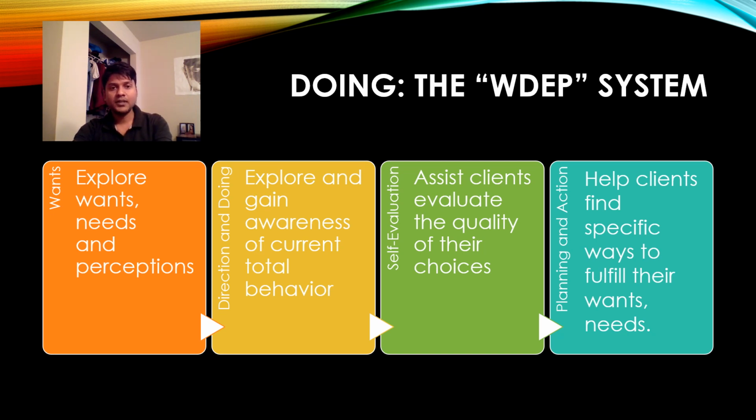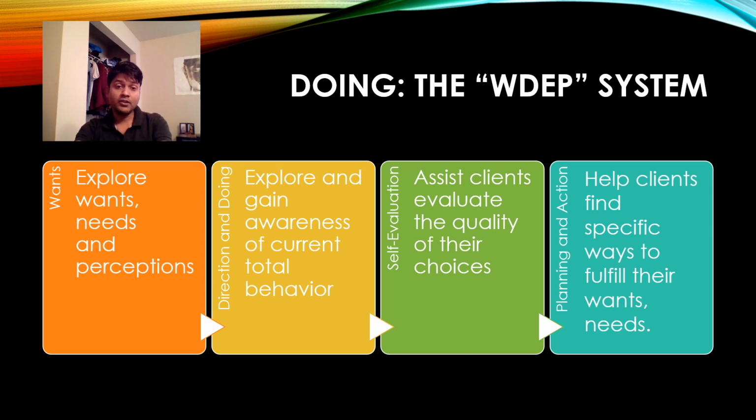In the second step, the counselor tries to explore the ways and strategies the client is adopting to meet their basic needs as well as their quality world. In the third step, the counselor helps the client evaluate those actions, those behaviors, whether they are really helping the client effectively meet the quality world and hence their basic needs.